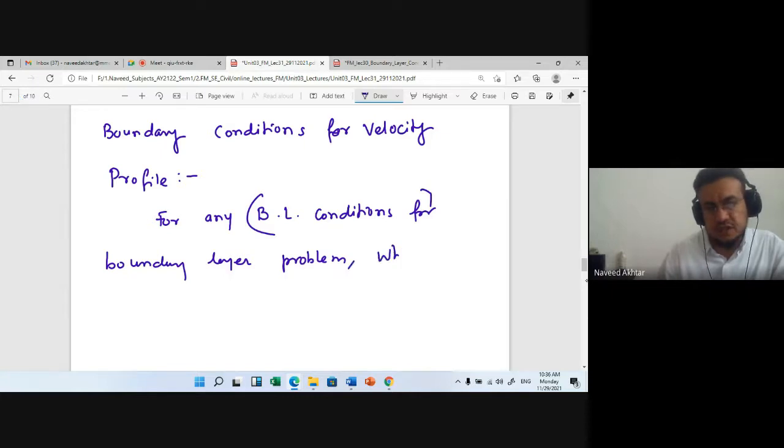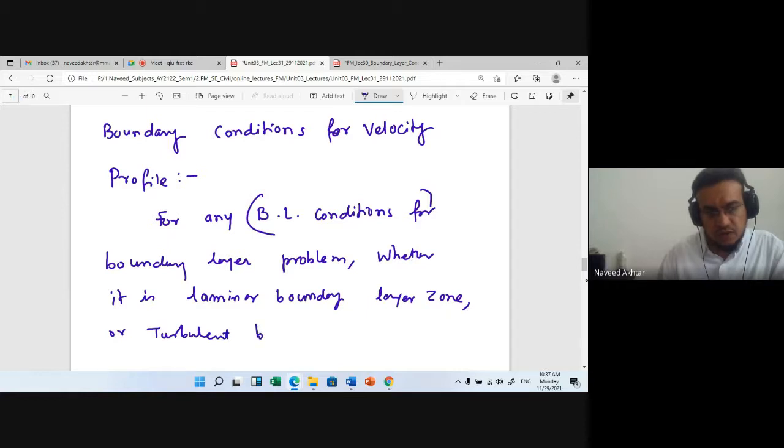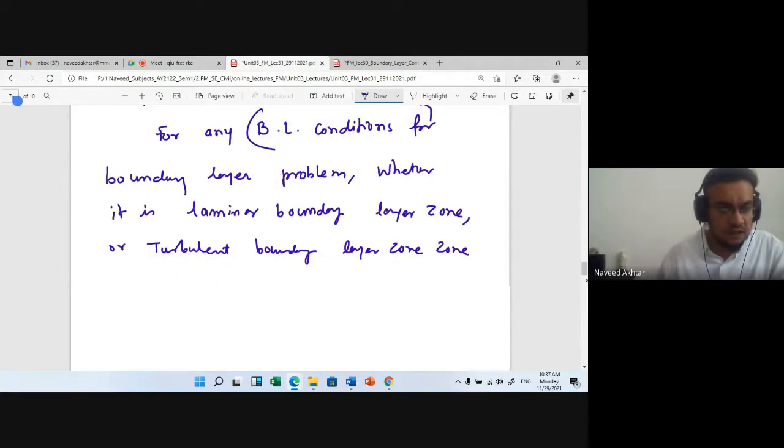whether it is laminar boundary layer zone or turbulent boundary layer zone. Generally, laminar, transition or turbulent boundary layer zones are there in the flow, and we insert some object into the flow layer zone.